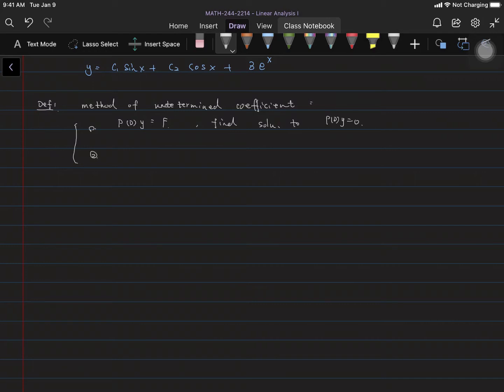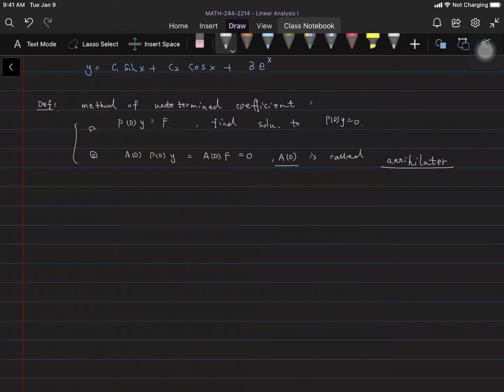And next step, we multiply by A(D) on both sides. This is called the annihilator. A(D)P(D)y = A(D)f, and then we make the right side into 0. And here A(D) is called the annihilator.